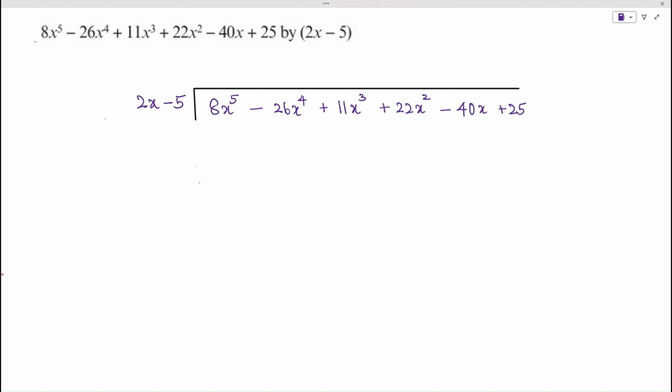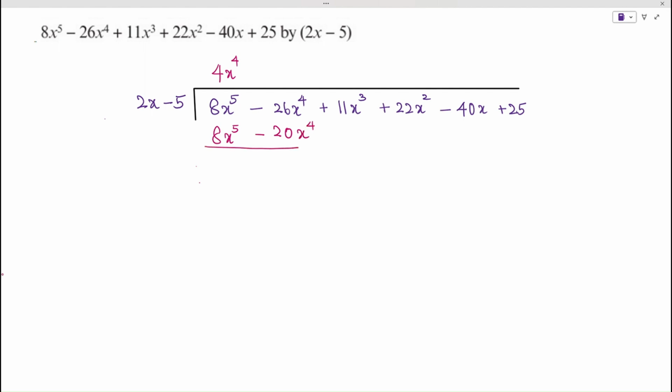So now we're going to start off like we did with our previous question. We're going to compare our 2x and our 8x to the 5. So 2x multiplied by 4x to the 4 gives us 8x to the 5. And we have to multiply 5 with 4x to the 4, so we get minus 20x to the 4.